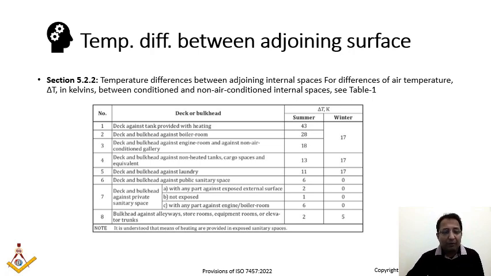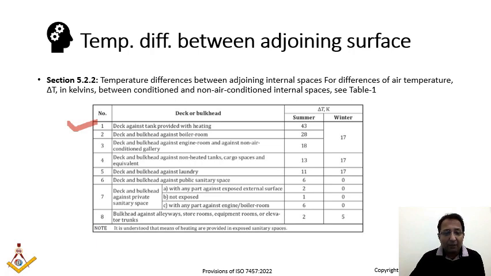So let's go through these values one by one. One is the type of bulkhead. Bulkhead, as I explained earlier, is nothing but a wall. Deck against tank provided with heating: suppose your wall or bulkhead is against a heated tank, then for summer you need to consider delta T of 43 and winter 17.